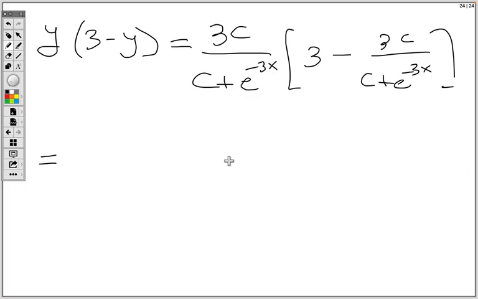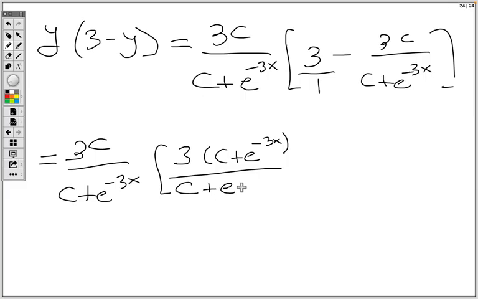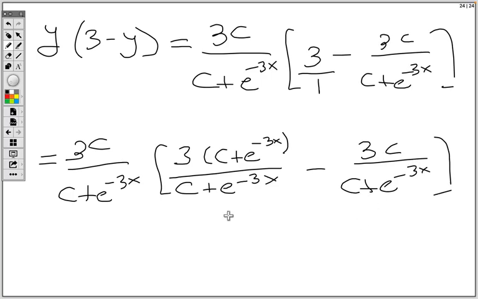And now I'm going to do some algebra so I can get a common denominator. I'm going to keep this out front here, so I'd have to multiply numerator and denominator here, and simplify.